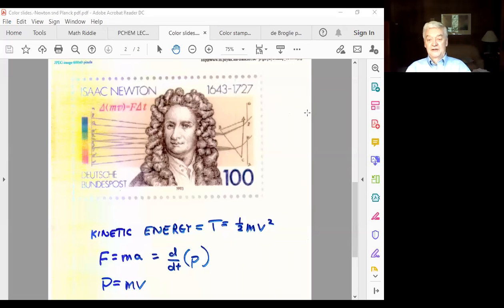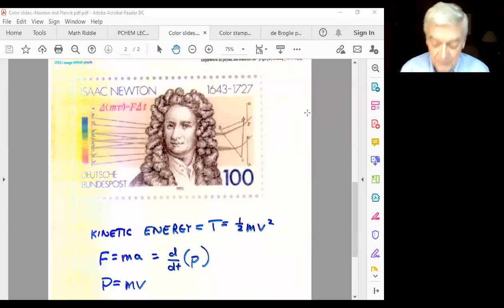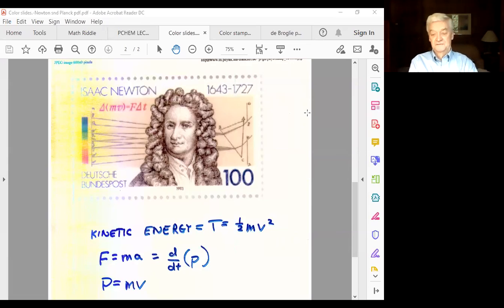So let me tell you a little story about the invention of calculus. From sources I have read, people believe that it was done independently by Newton and Leibniz. In fact, we know for sure that when you write d/dx of something, that comes from Leibniz and not from Newton.